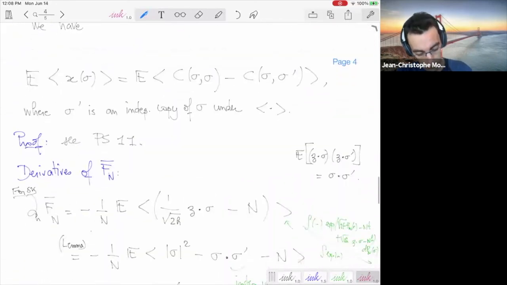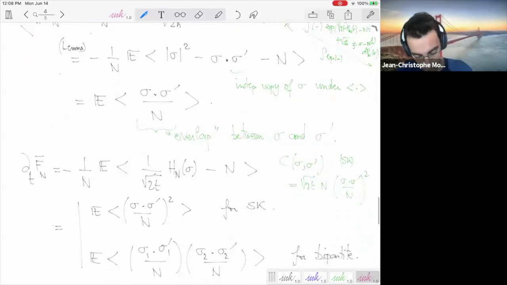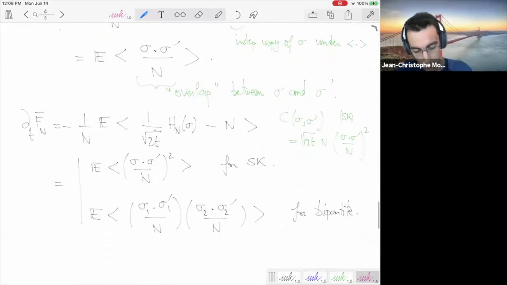Okay, so this was for SK, but for H1, I will get the same result, except I will get the scalar products with sigma 1 here. So let me write it down below.